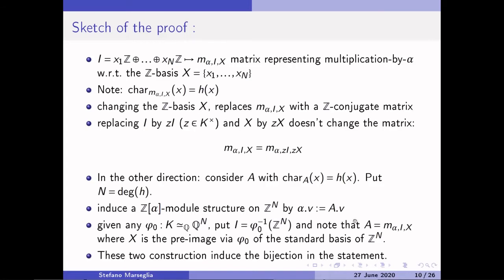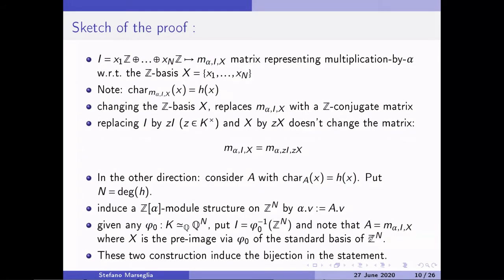And observe that this set I is actually a Z[alpha] module, an ideal, and the matrix A is going to represent the multiplication by alpha on I with respect to the basis X, which is the pre-image under this isomorphism of the standard basis of the free module.